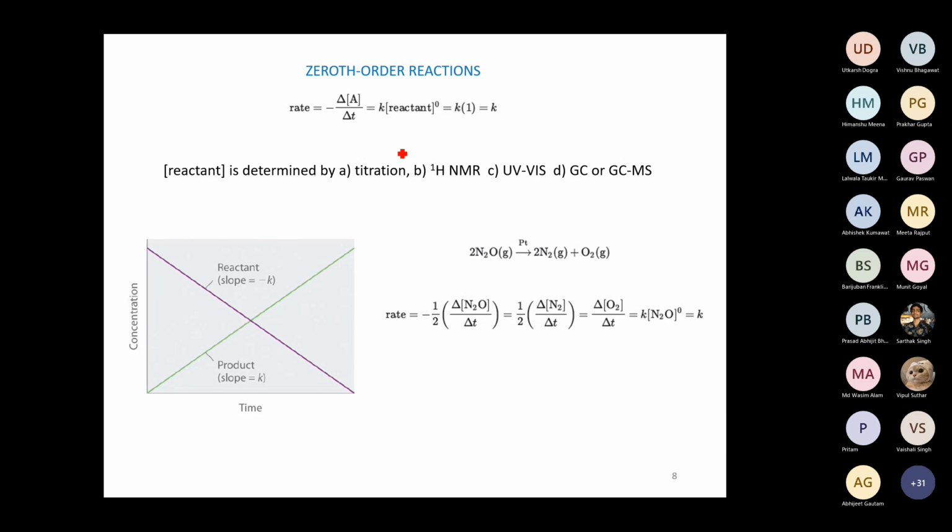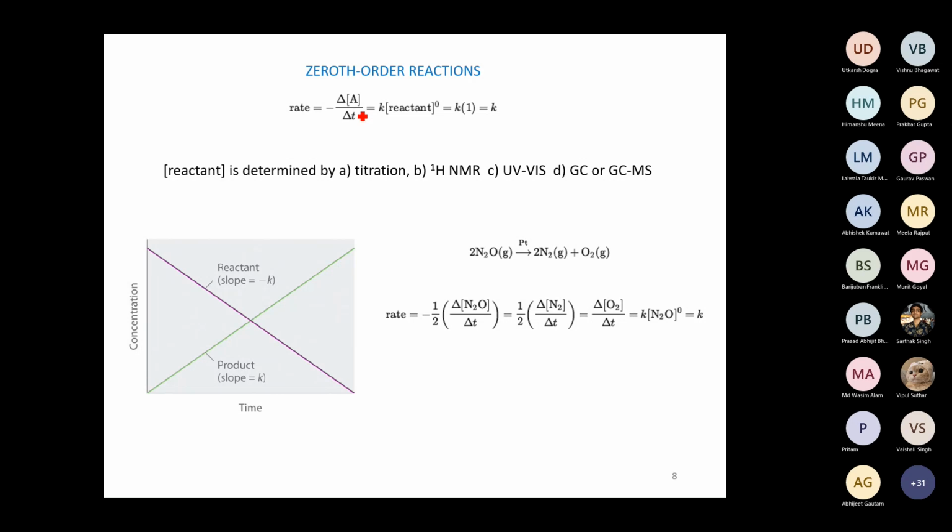There you will practically do how to determine the rate law of a particular reaction, that is the acid catalyzed hydrolysis of ethyl acetate. There are various techniques. Whenever you do an experiment, you need to calculate the change of concentration of the reactant or the product, because reactant is converting to product with respect to time.